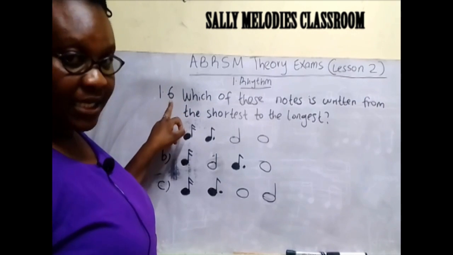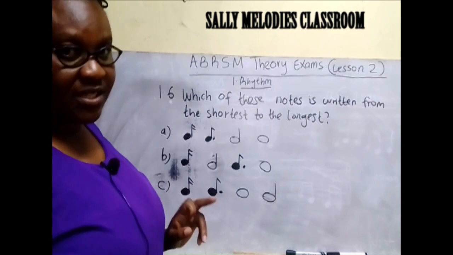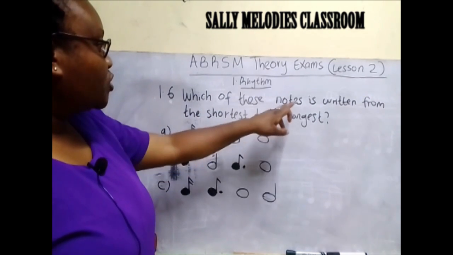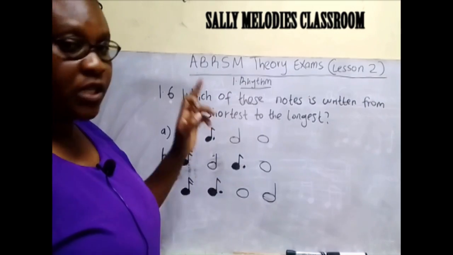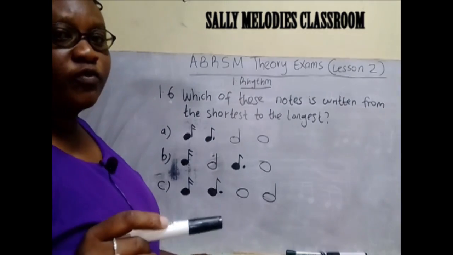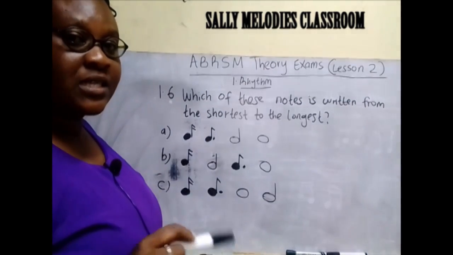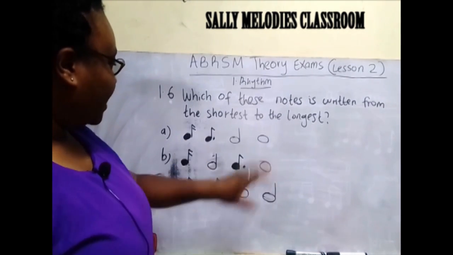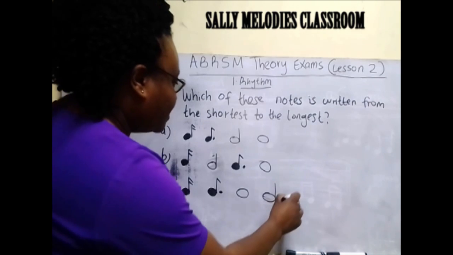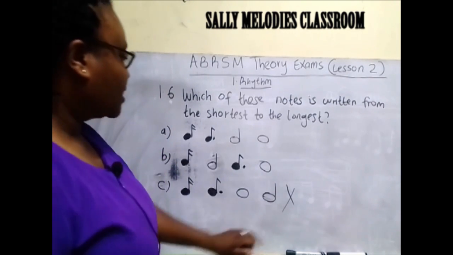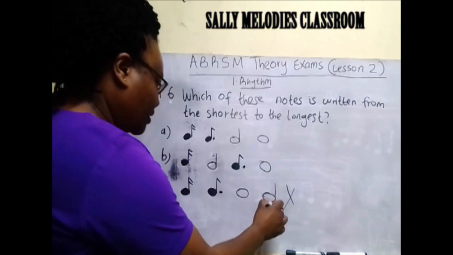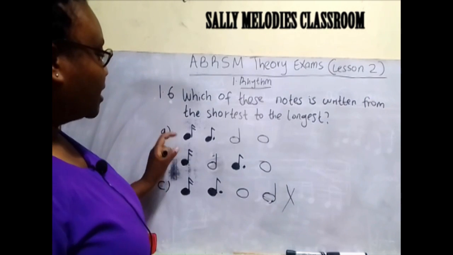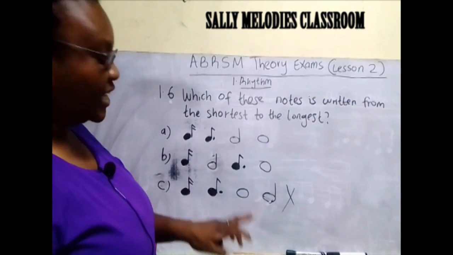Question 1.6, you are told to choose which of these notes is written from the shortest to the longest. Because of saving time, and you know the exam is 90 minutes, 1.5 hours, you just come here and observe. You come and eliminate what you don't need. For example, you eliminate this one because you expect to see a semibreve at the end.